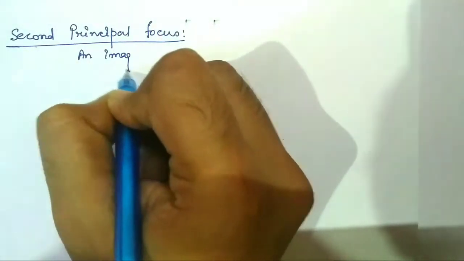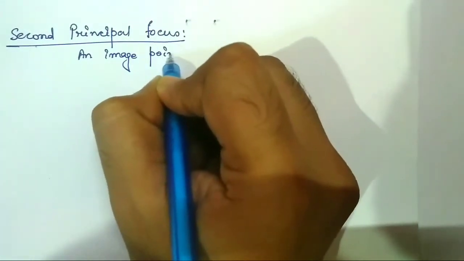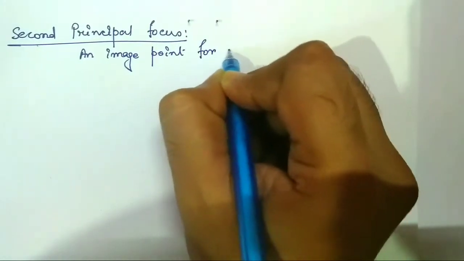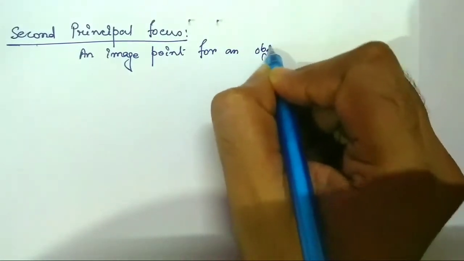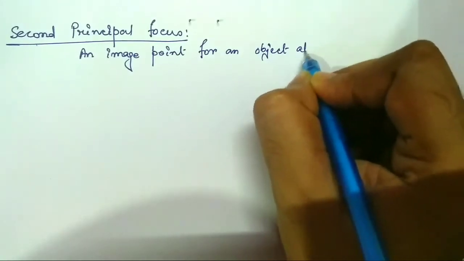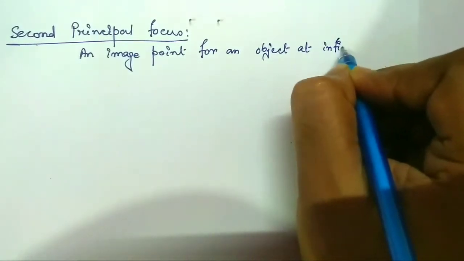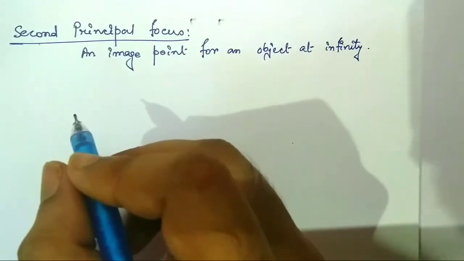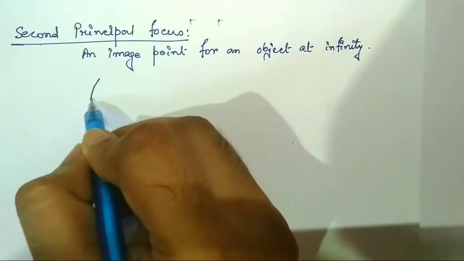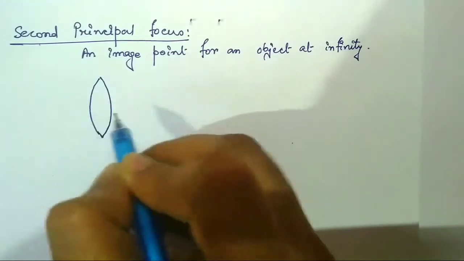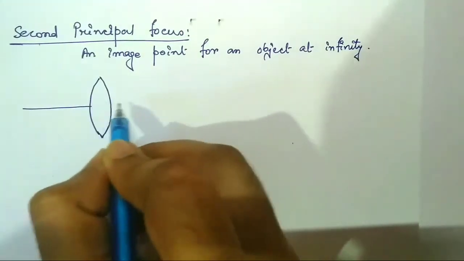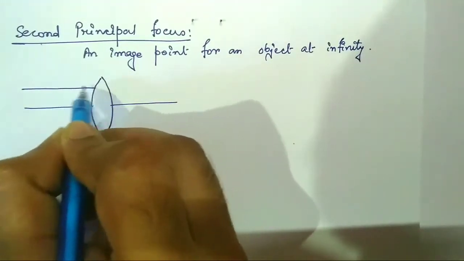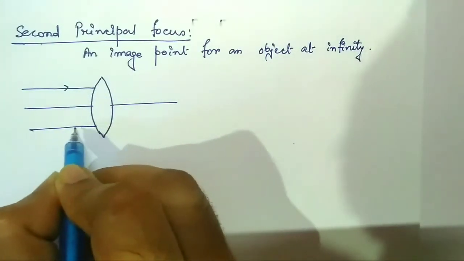Suppose an object is placed at infinity, then the light emitted from the object will be parallel to each other.